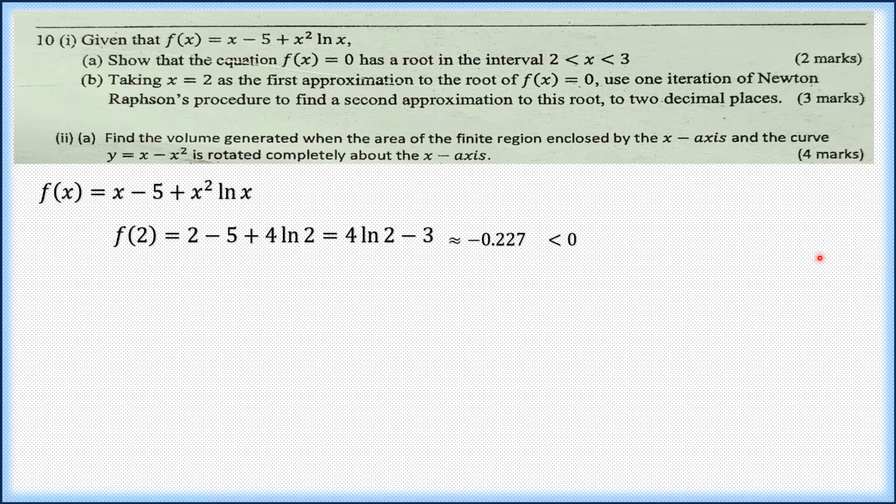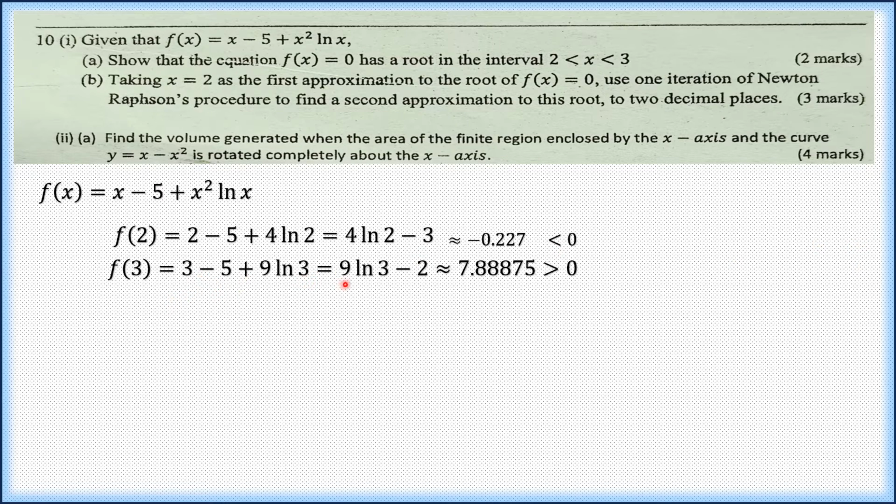Okay. Now also we are going to calculate the value of what? f of 3, and f of 3 gives us 9 ln 3 minus 2, giving us a value of 7.88875, and this value is strictly greater than 0.